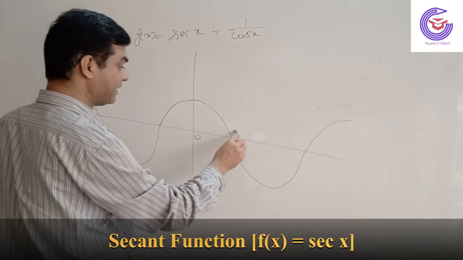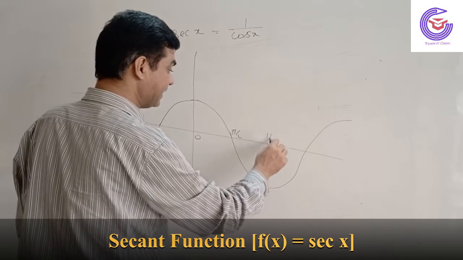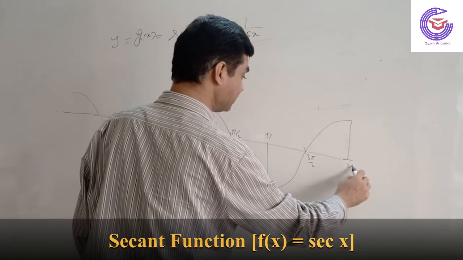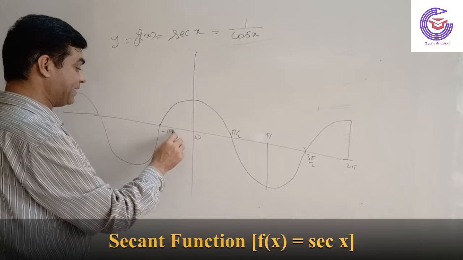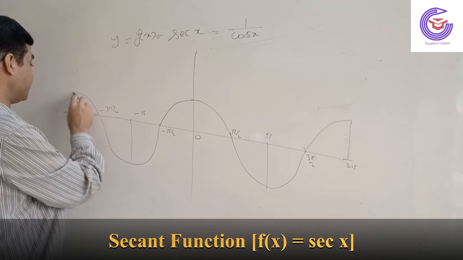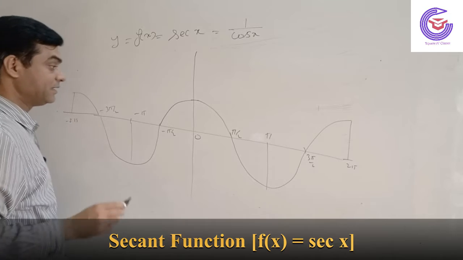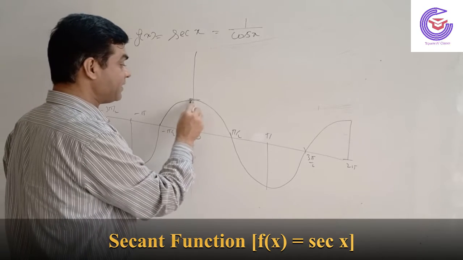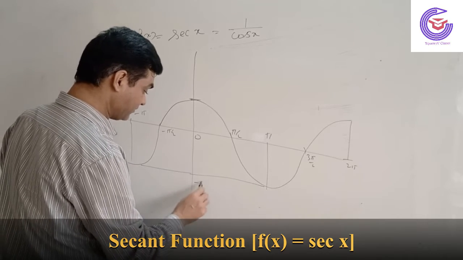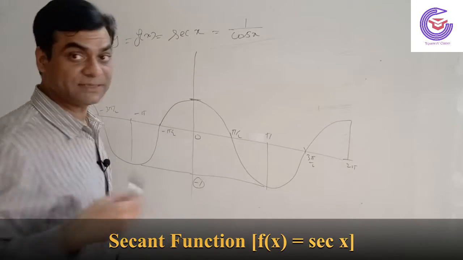This is 0, pi by 2, here pi, 3 pi by 2 and 2 pi. Minus pi by 2, minus pi, minus 3 pi by 2, and here it is minus 2 pi. See, this maximum value goes to 1 and minimum value goes to minus 1. So you have to reciprocate it.